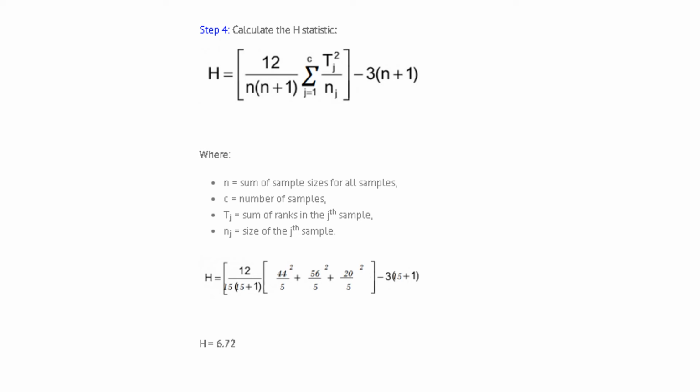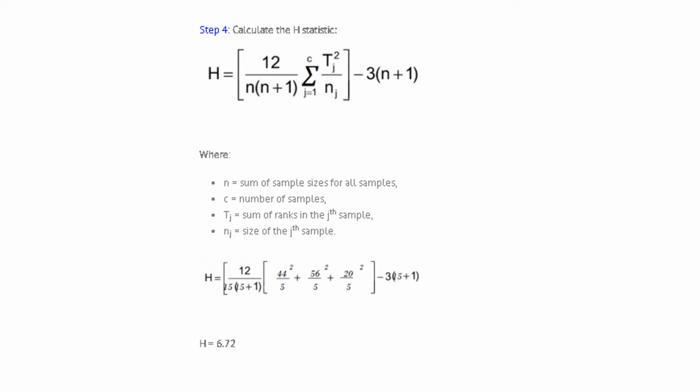T is the sum of rank of women squared divided by the total number of women, plus the sum of rank of men squared divided by the total number of men, plus the sum of rank of minorities squared divided by the total number of minority, minus 3 multiplied by n plus 1.